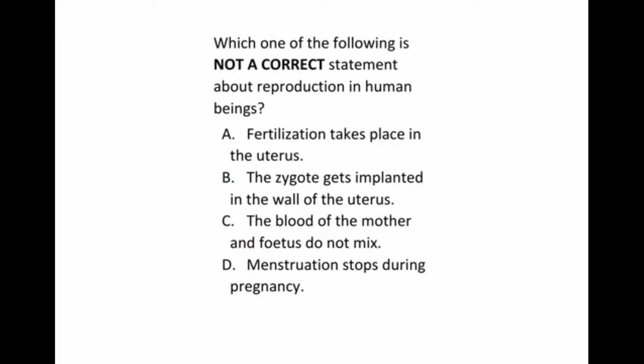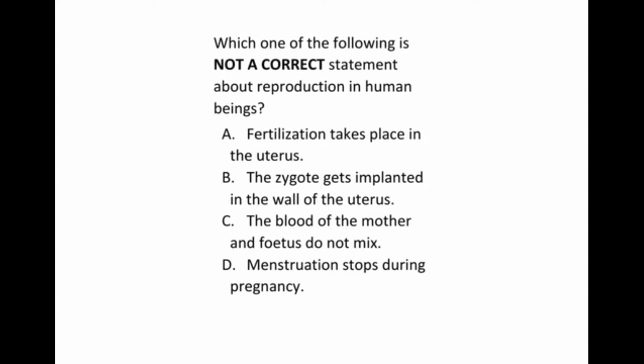Which one of the following is not a correct statement about reproduction in human beings? Reproduction is the giving rise to a new generation, where mammals give rise to young ones of their own kind. During reproduction, several processes take place, and one of them is fertilization.